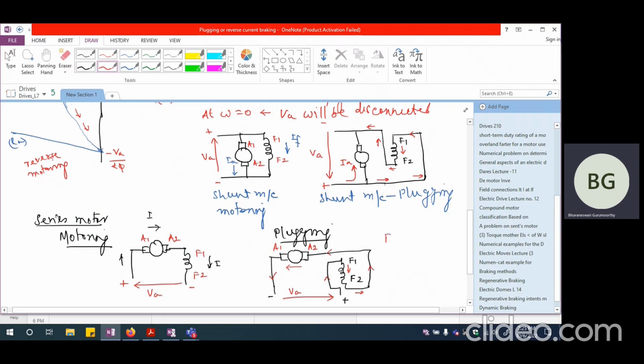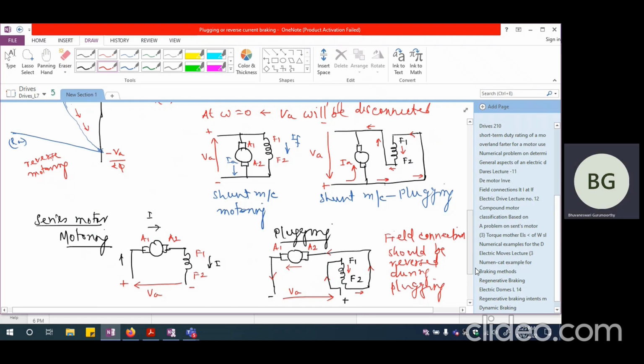So field connection should be reversed during plugging in both series motor as well as shunt motor.